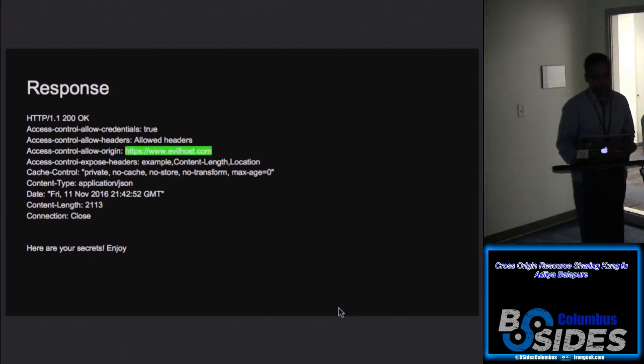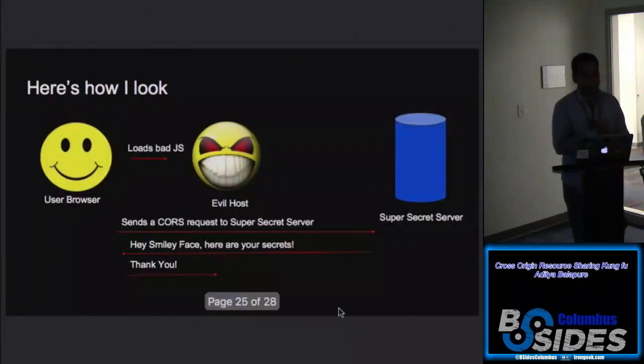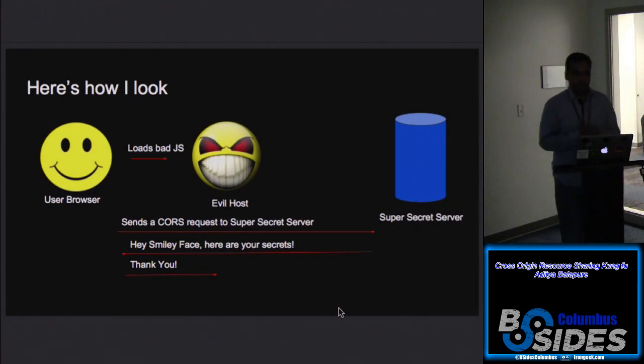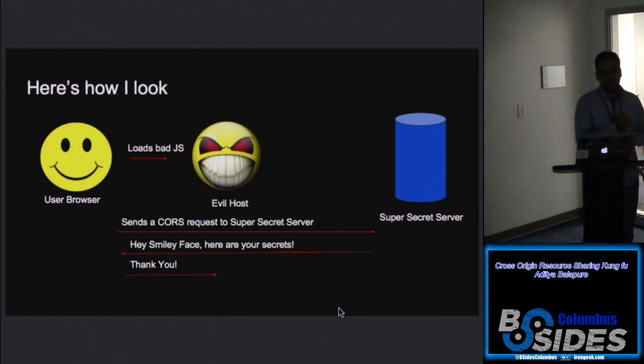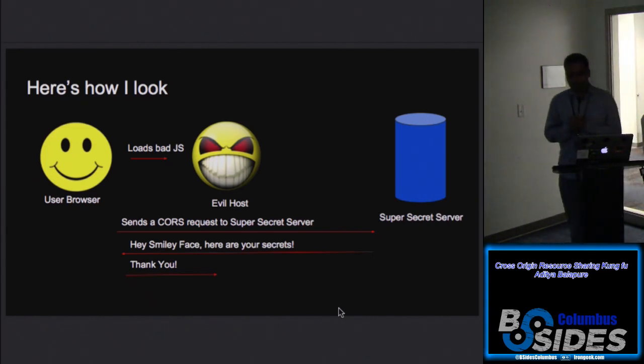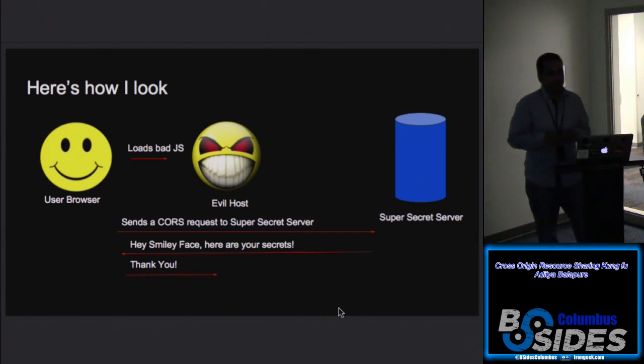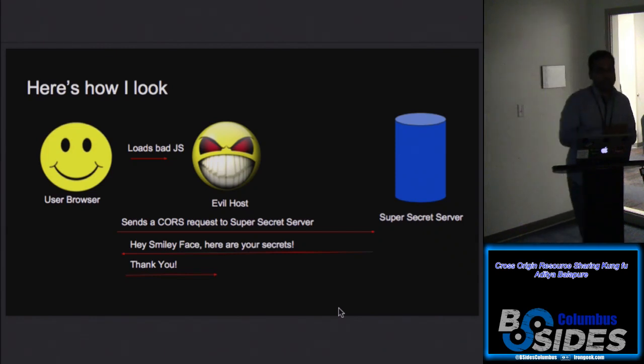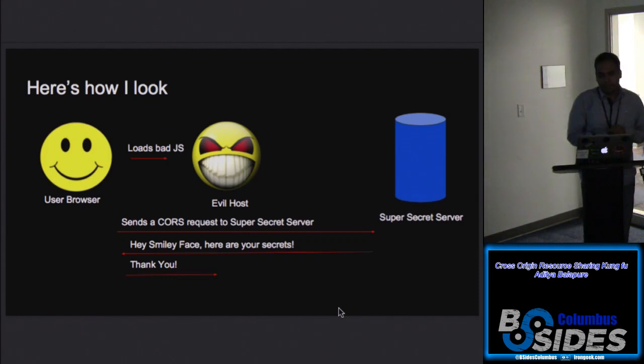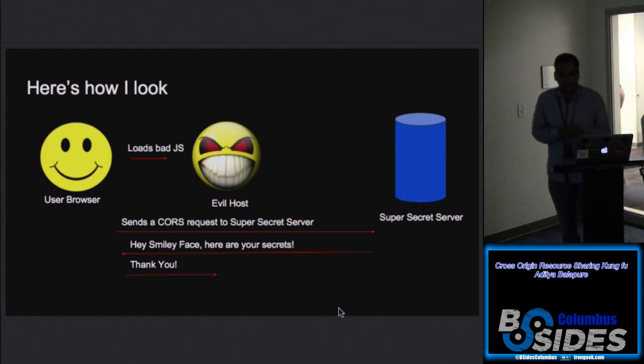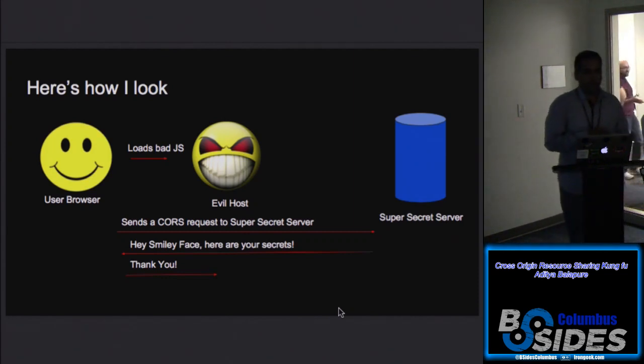This could be really bad, because if we think about this example, a user's browser comes to a malicious web page, evilhost, which is loading a JavaScript snippet. That snippet makes a cross-origin request to a super secret server, let's say a banking server, or maybe an API request to get some credentials or API keys.